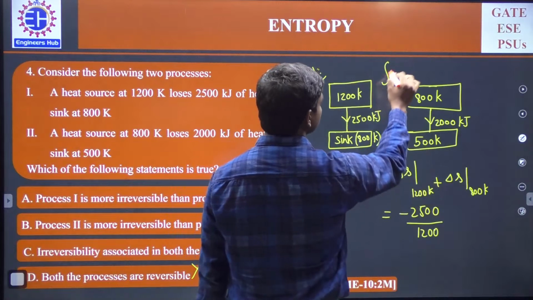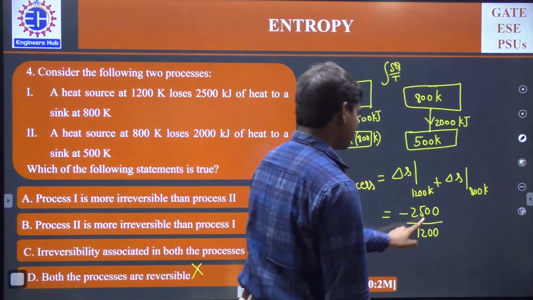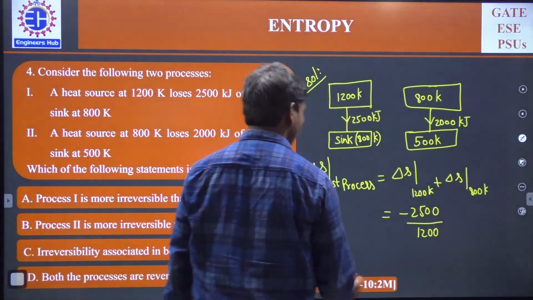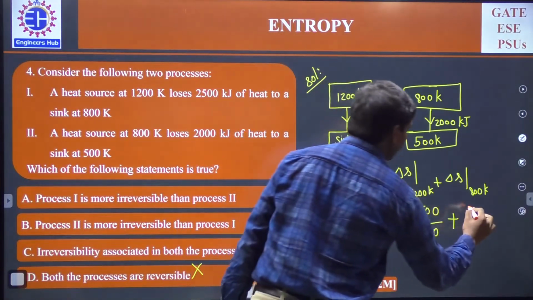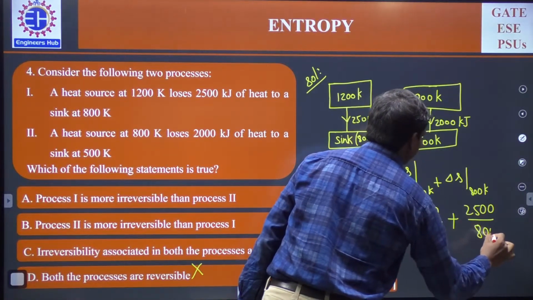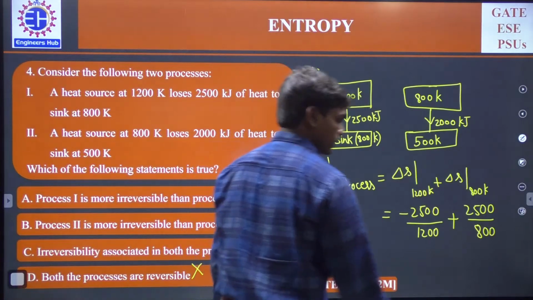So from this integral del Q by T term, I can always take T out, because these temperatures remain constant. Now, plus whatever heat is transferred here, obviously this sink will accept that heat. Correct? See here.